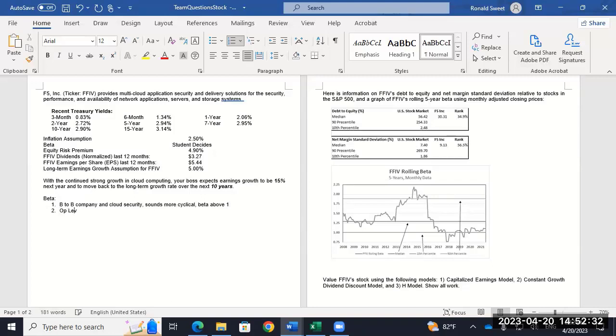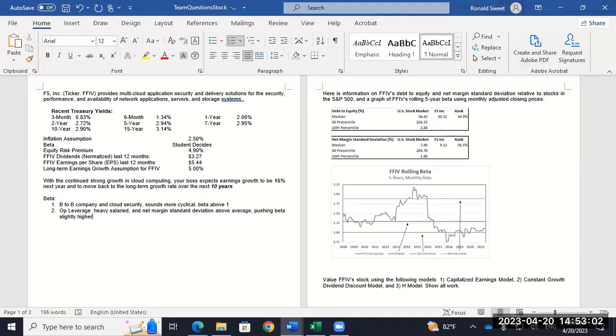Op leverage. Well, heavy salaried, but their margin standard deviation is above average. So it's going to push beta slightly higher, not dramatically.